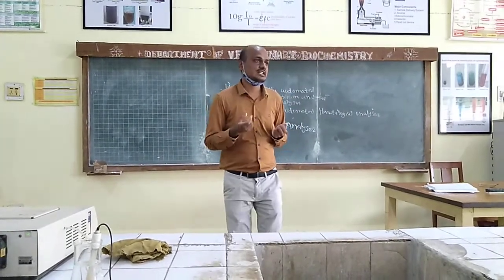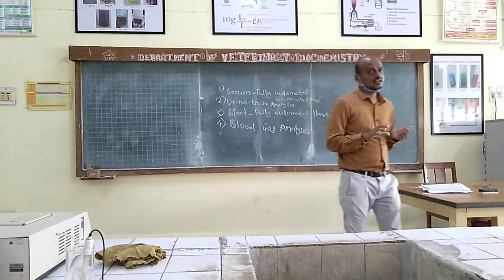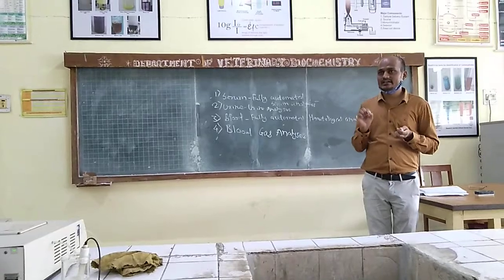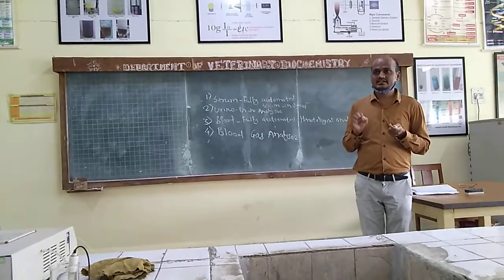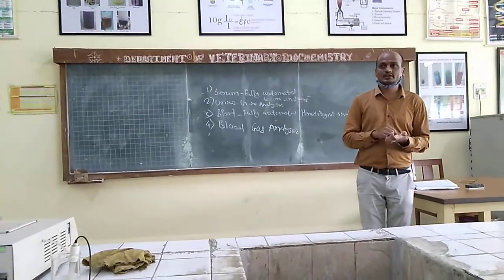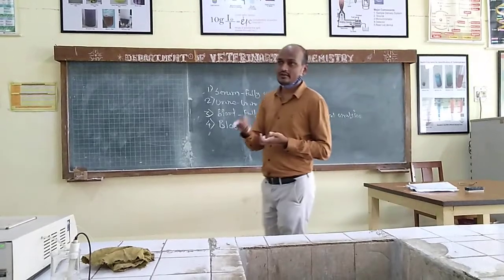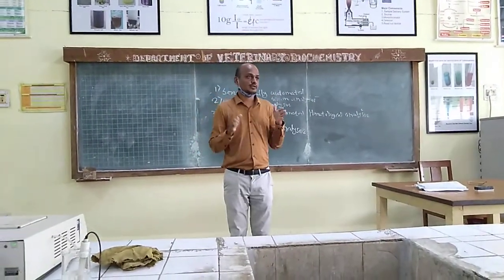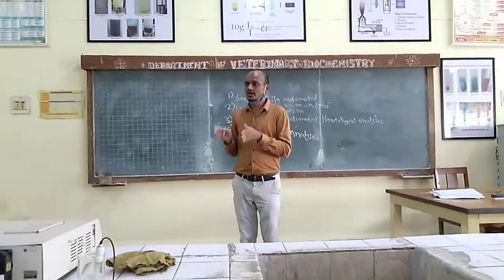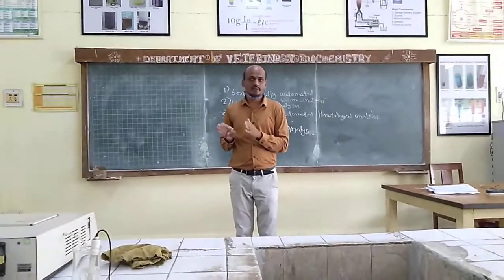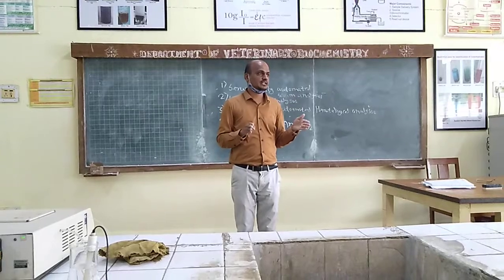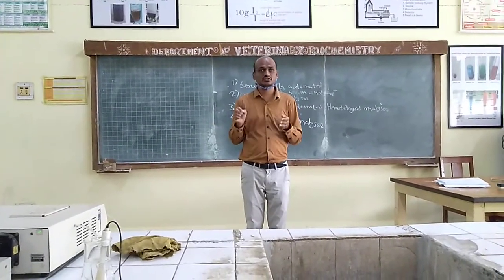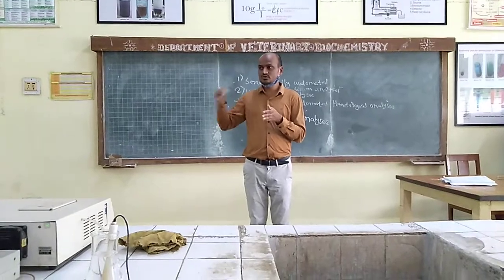Whenever you keep the serum sample in the test tube, always remember to mention the sample ID and the date on which it was collected, and it should correlate with the laboratory record you are maintaining. Every PG student will be familiar: any experiment you do, you have to maintain a laboratory record, and it should be correlated.